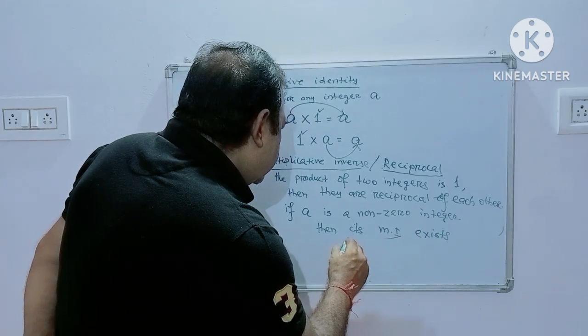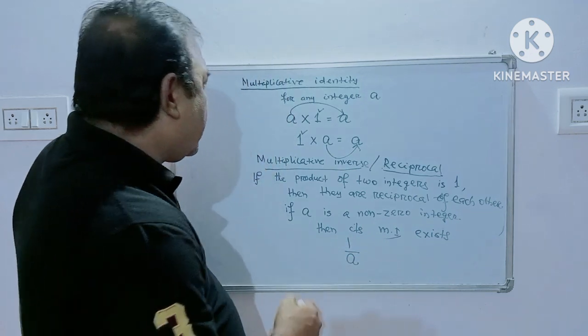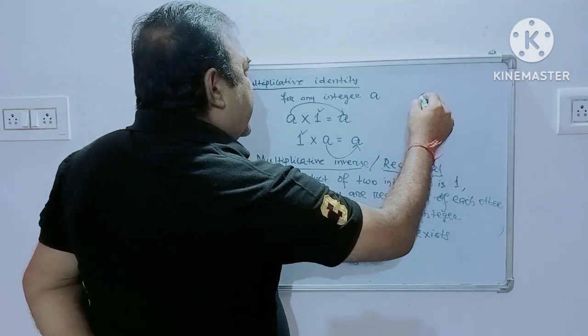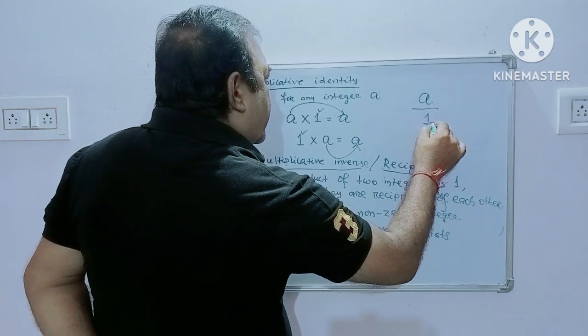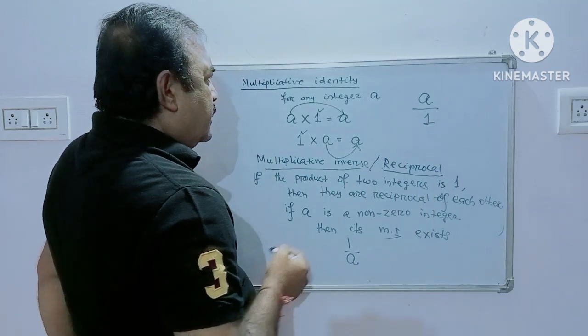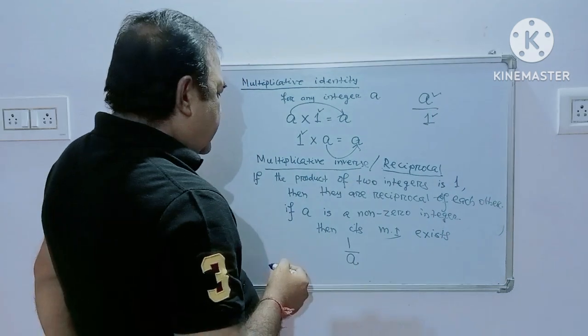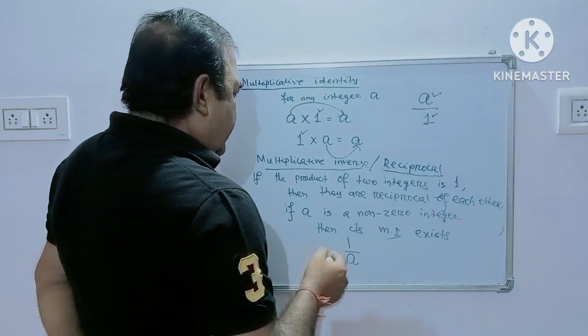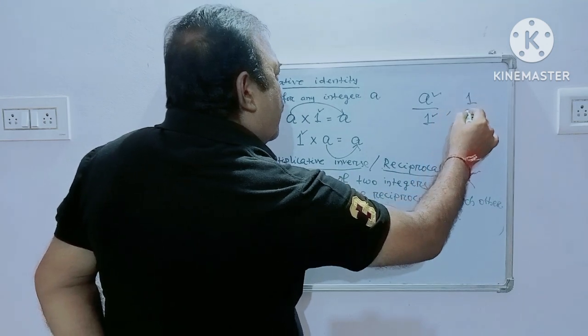So the multiplicative inverse is 1 upon a. So how you see? Suppose a, we will write it a upon 1. The numerator is a and the denominator is 1. And if I reverse it, that is 1 upon a.